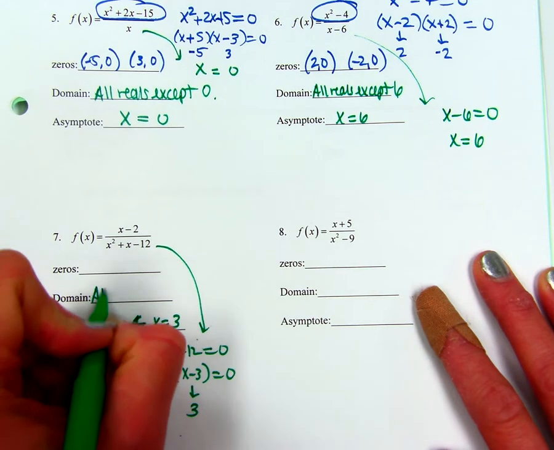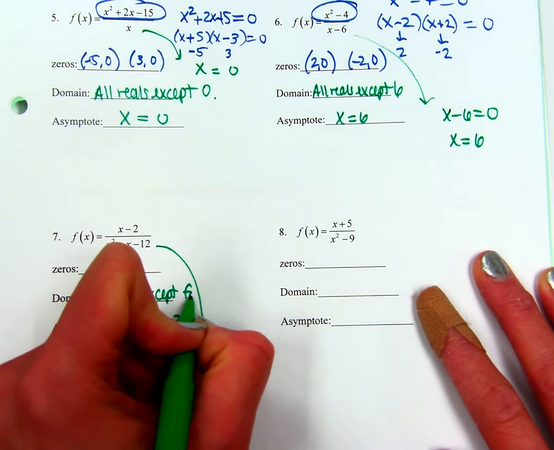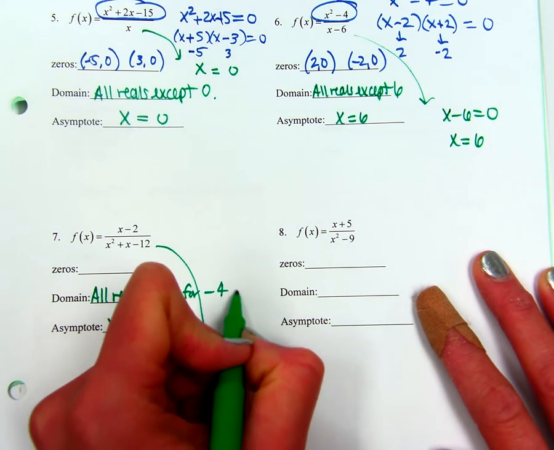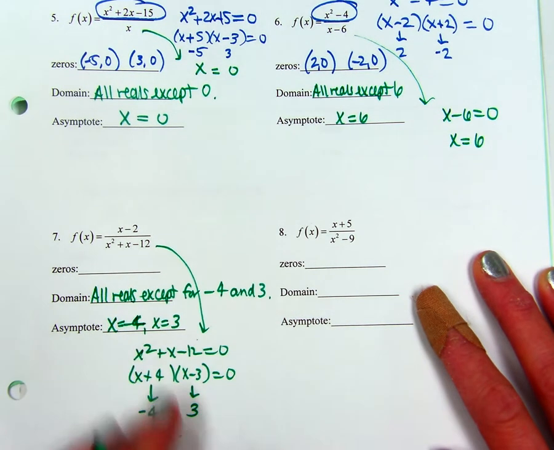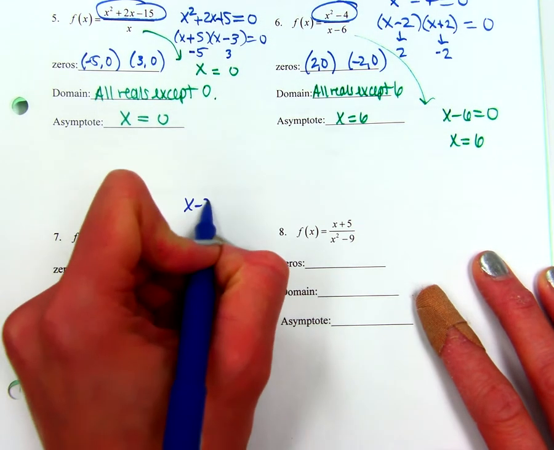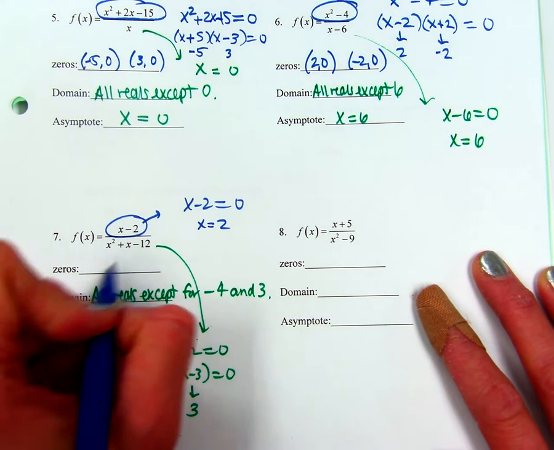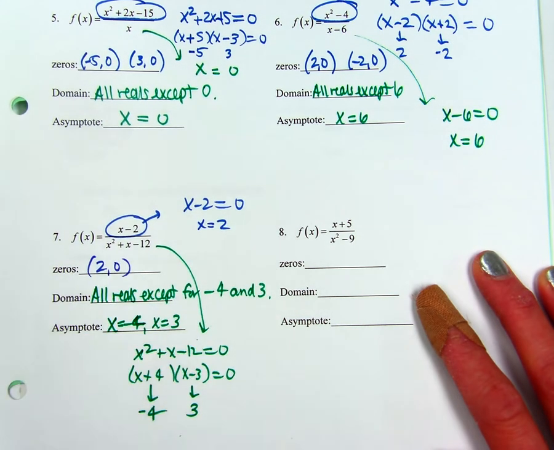In this case, for the domain, I now have two answers to exclude, negative 4 and positive 3, because those are my two asymptotes. For my zeros, I'm going to look at my numerator. x minus 2 equals 0. Solve, and you get x equals 2. So that gives me (2, 0).